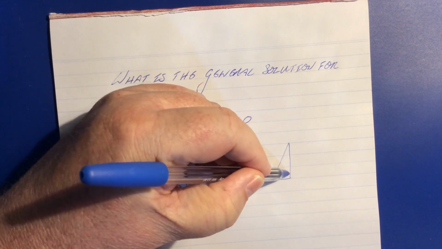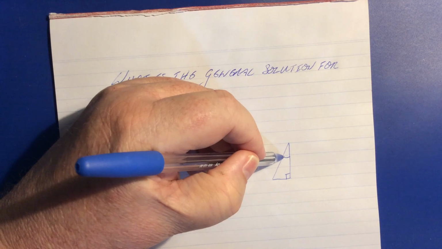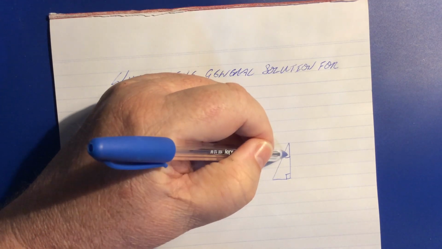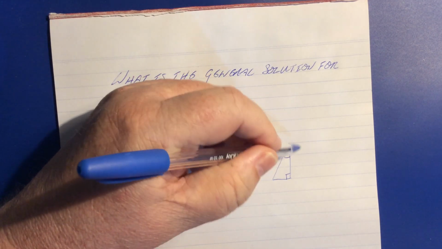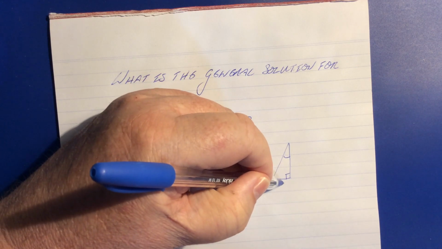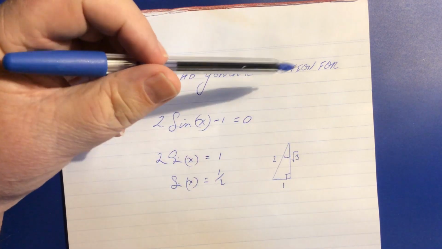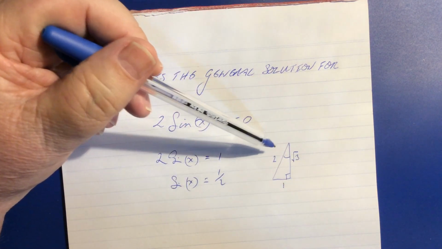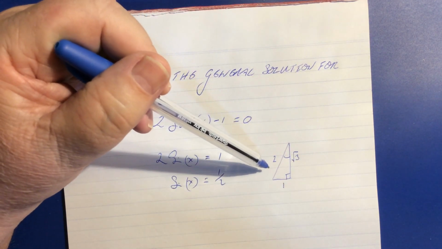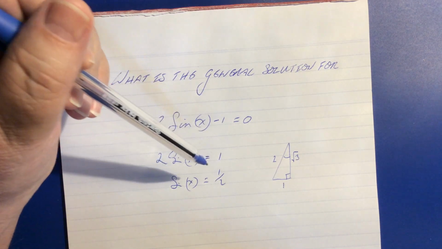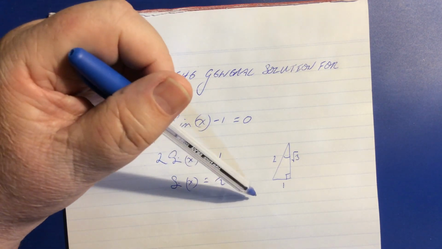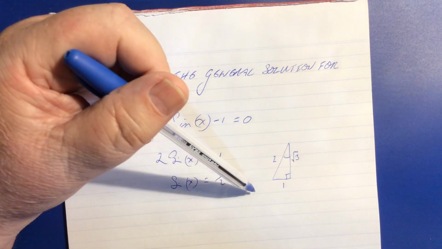resort to our little trig triangles. Now, this is half of an equilateral triangle, 1, 2, root 3. Again, if you're slightly unfamiliar with this, it probably pays to have a look back at some of the earlier videos in the trigonometry playlist, the circular trigonometry playlist.